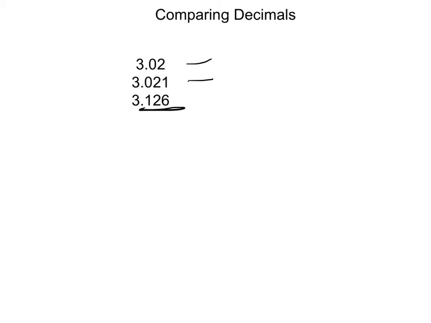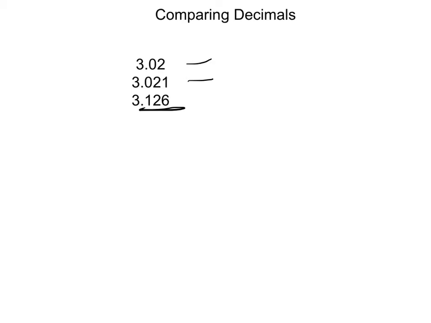I always want to go to my largest place value, so I would make them all thousandths. The way I do that is I just multiply by 10, or add that 0. Exactly, we're adding something outside of that place value so they all have matching place values.